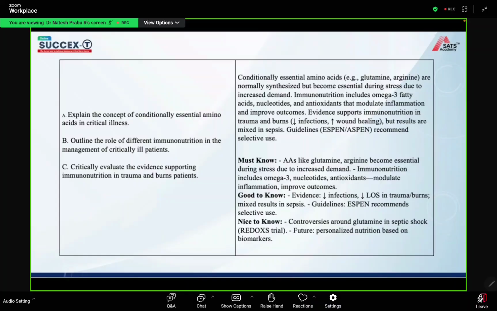The other good-to-know things are what the evidence is, whether there is any reduction in length of stay and infections, the mixed results in the population of critically ill patients with sepsis, and guideline recommendations. The other controversial topic is glutamine usage and the REDOXS trials; probably we need to know that. And probably future things are personalized nutrition based on biomarker assessment, and then supplementing the essential or conditionally essential amino acids.